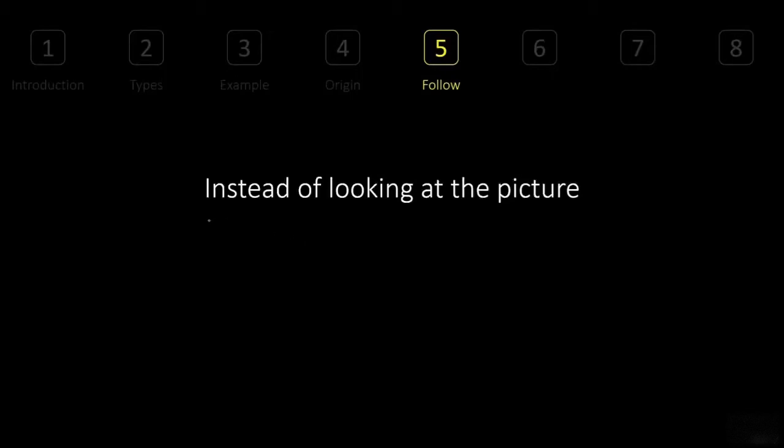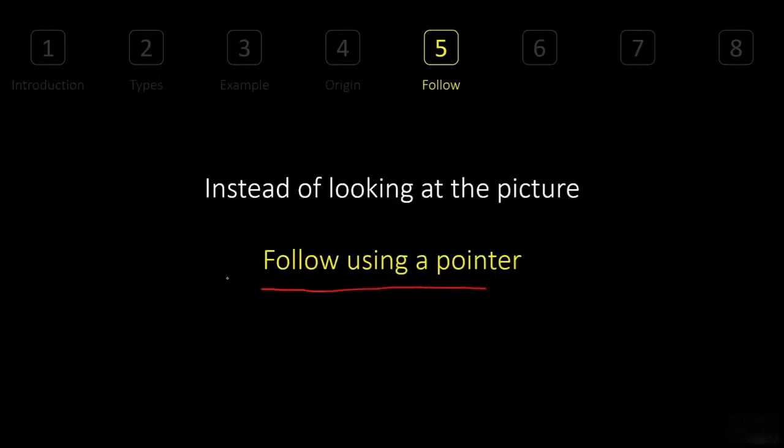Instead, they look at the picture. What do you mean by looking at the picture is they don't even put a pencil or their finger at the paper or the screen. What they do is they just look at it as if they have visual memory. They don't. So please use a pointer to follow the image.